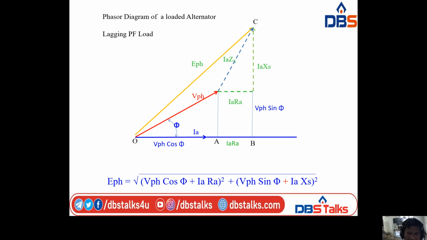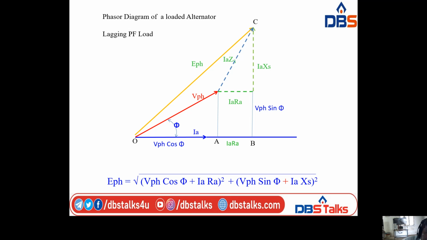Suppose we go for the lagging power factor, a purely inductive load. Here, OA is the reference vector. Now the IARA drop is lagging with voltage by some angle, that is, the IARA drop is like this.